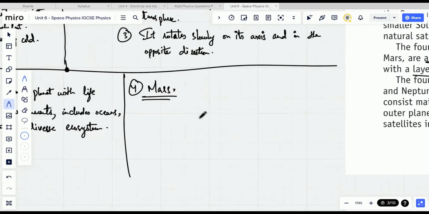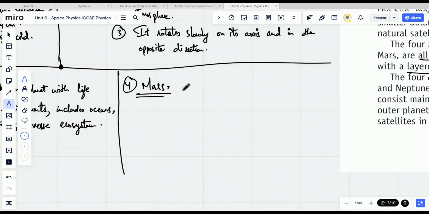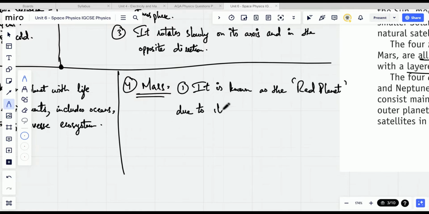So what you need to remember about Mars is that it is known as the red planet. And why is it known as the red planet? Because of its, let's write it as iron rich soil.